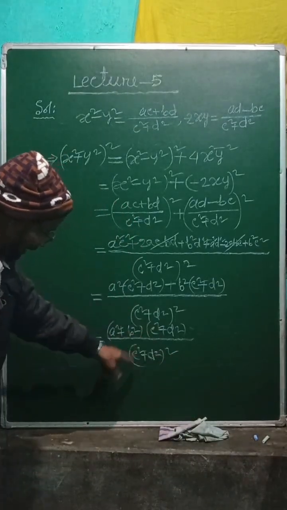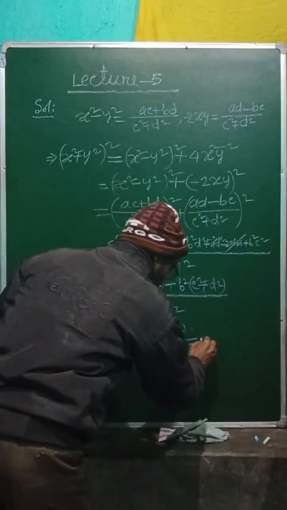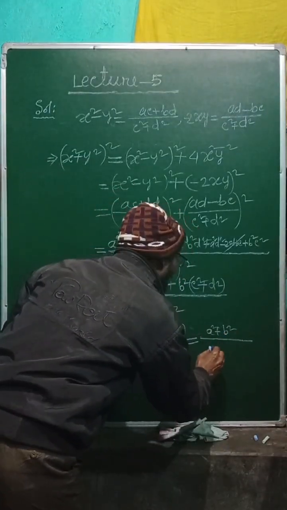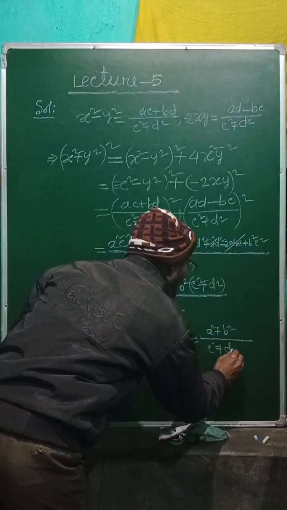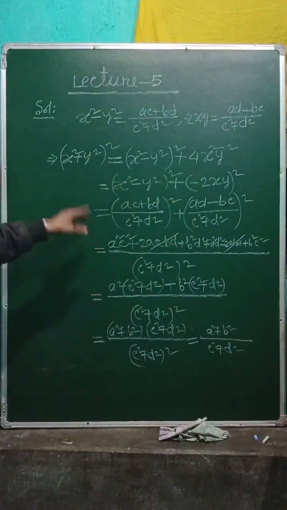See, c square plus d square will cancel, equal to a square plus b square by c square plus d square. Hence proved, okay.